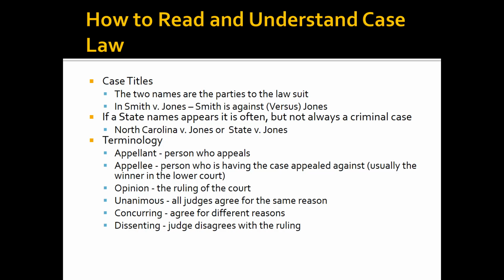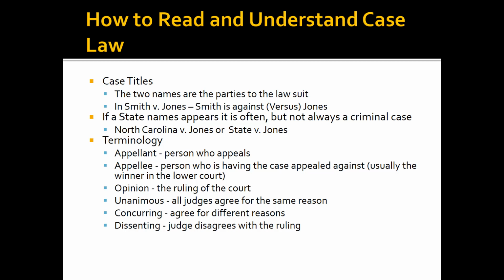What you read, every decision you've ever read, like State versus Jones or Plessy versus Ferguson or Brown versus Board of Education, is called an opinion. It is the written explanation of the court as to why they ruled. Now, if all the judges agree for the same reason, which was the case in Brown versus Board of Education, they issue what is called a unanimous decision.